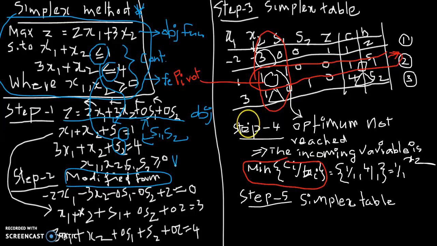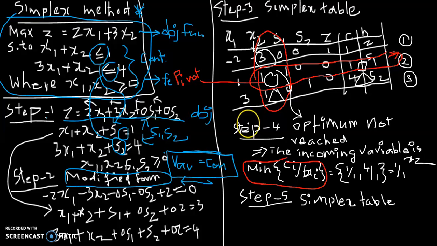Variables on one side and the constant on the other side. This form is called the modified form.